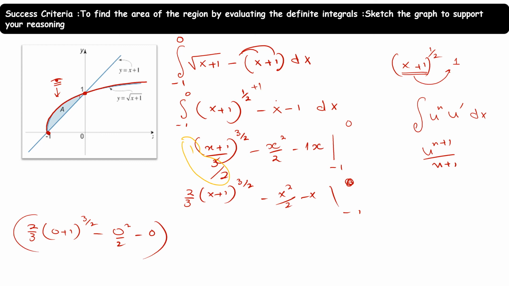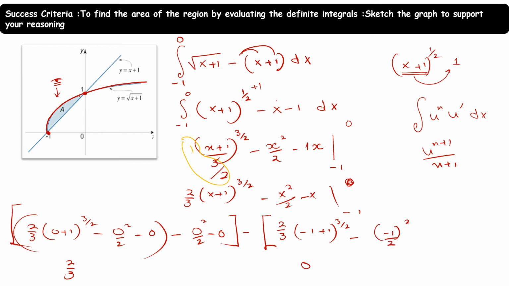So you will get 2 by 3 over here, minus 0 square over 2, minus 0, so you will get 0. So this is your upper limit, minus, then you have a lower limit, that is 2 by 3 times minus 1 plus 1 whole to the power 3 by 2, that would give you 0, minus minus 1 whole square over 2, minus minus 1.